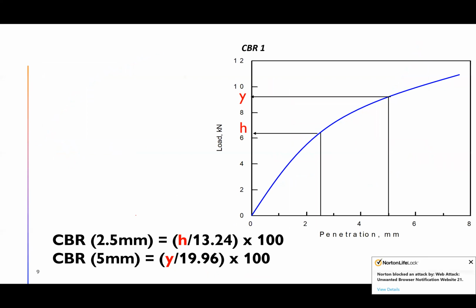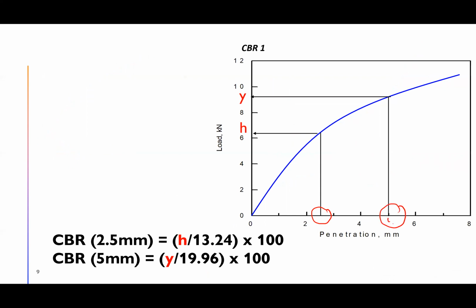If you have this type of graph, you need to know the load at 2.5 and the load at 5 mm. Let's say at 2.5 they have roughly about 6.1 kilonewton, and at 5 they have about 9 kilonewton. Once you have these values, you move into the formula here.